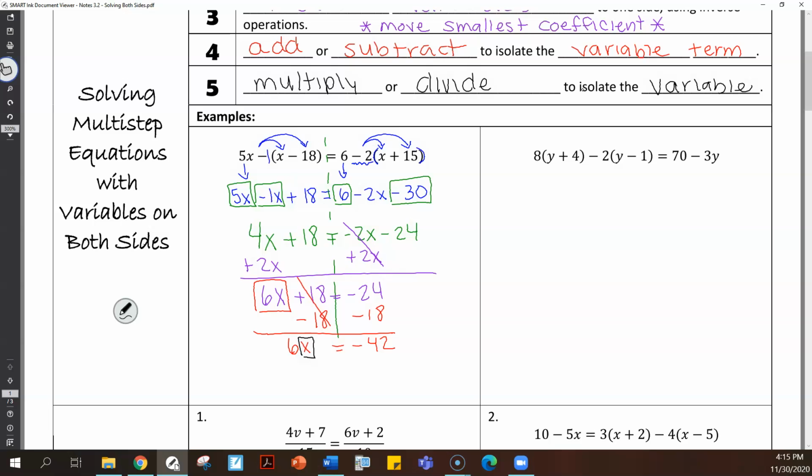Right now that's 6 times x. I don't want 6 times x. I want just x. So I'm going to undo that multiplying by 6 by dividing by 6 on both sides. My 6's here are going to reduce to 1, so x is left over. Negative 42 divided by 6 is negative 7. So I get x equals negative 7.